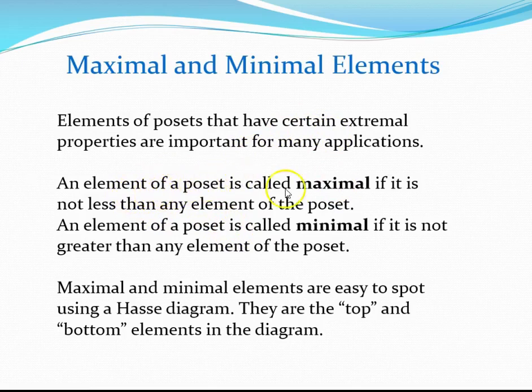An element of a poset is called maximal if it is not less than any element of the poset. An element of the poset is called minimal if it is not greater than any element of the poset. Maximal and minimal elements are easy to spot using Hasse diagrams. They are the top and the bottom elements of the diagram.